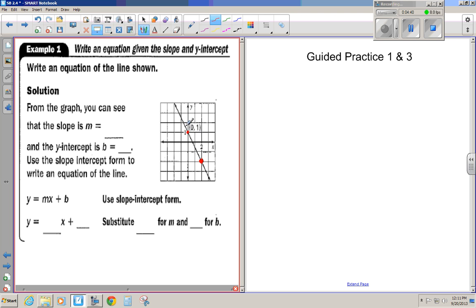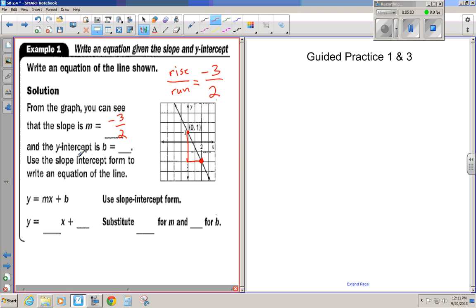And so the rise over the run. Well, look at this. The rise is down 3. The run is right 2. So my slope is -3/2.